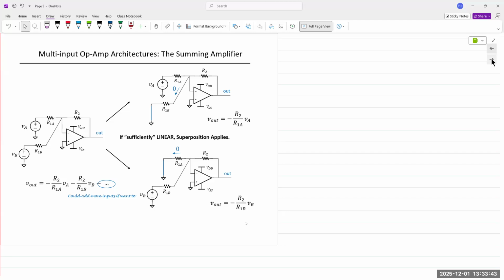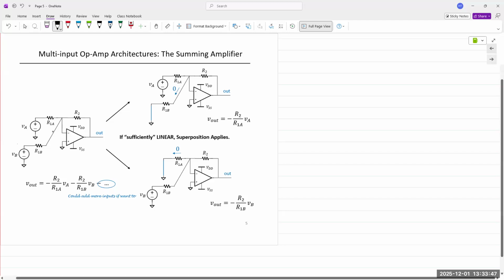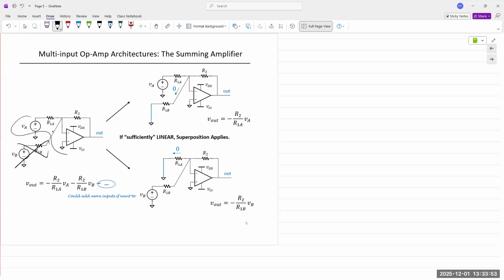All right. Okay, so let's take a look. Here, let's say we don't have this B input. We just have V_A. What kind of amplifier is this? It's an inverting amplifier, absolutely.